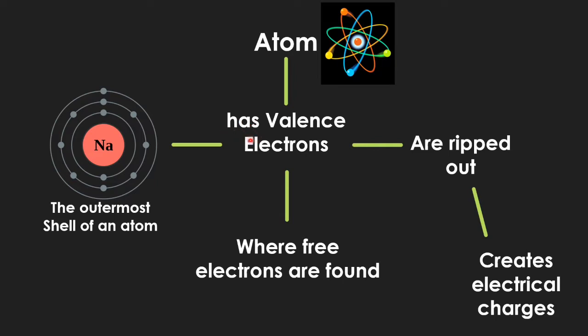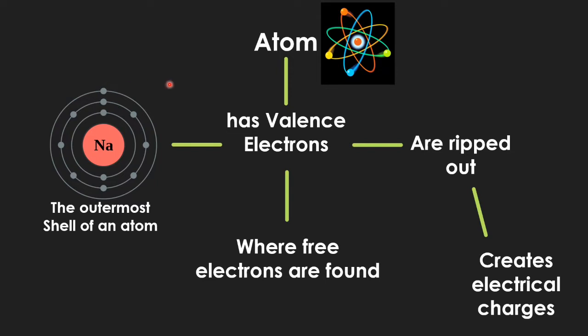When we speak about valence electrons, these are also free electrons. Another name for the electrons found in the valence shell is free electrons. Next, these electrons can be ripped out, meaning they can be removed from the atom, and once you remove them, they will create electrical charges, because an electrical charge is an imbalance of charge.